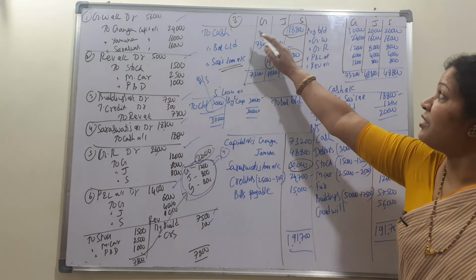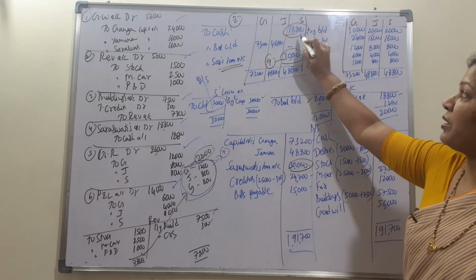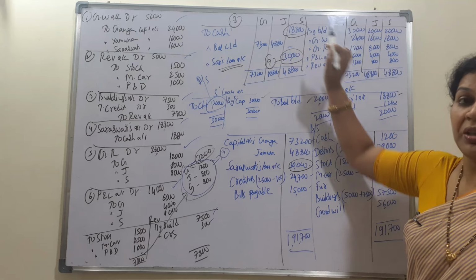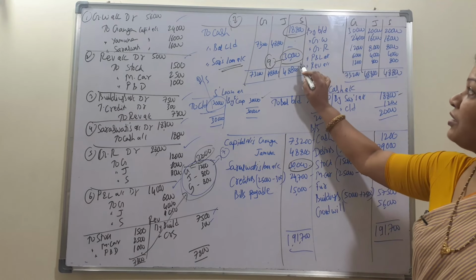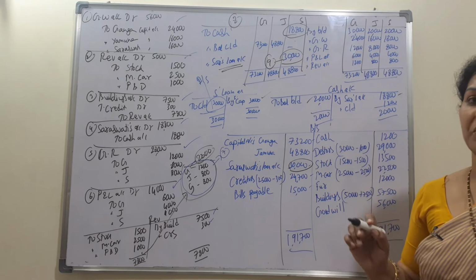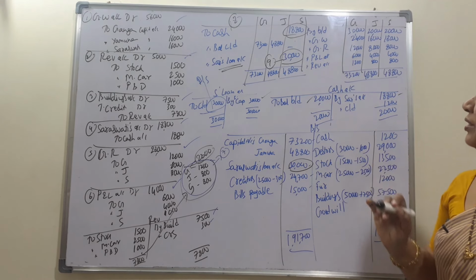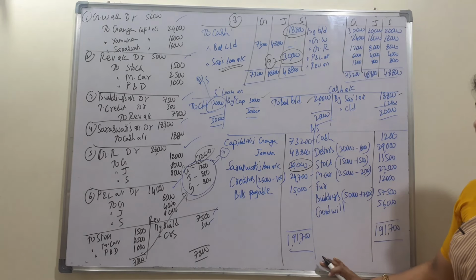How do you write 8th entry? Saraswati's account attached to cash account 18,800. And 9th entry is here, Saraswati's capital account attached to Saraswati's loan account. This is 9th entry.